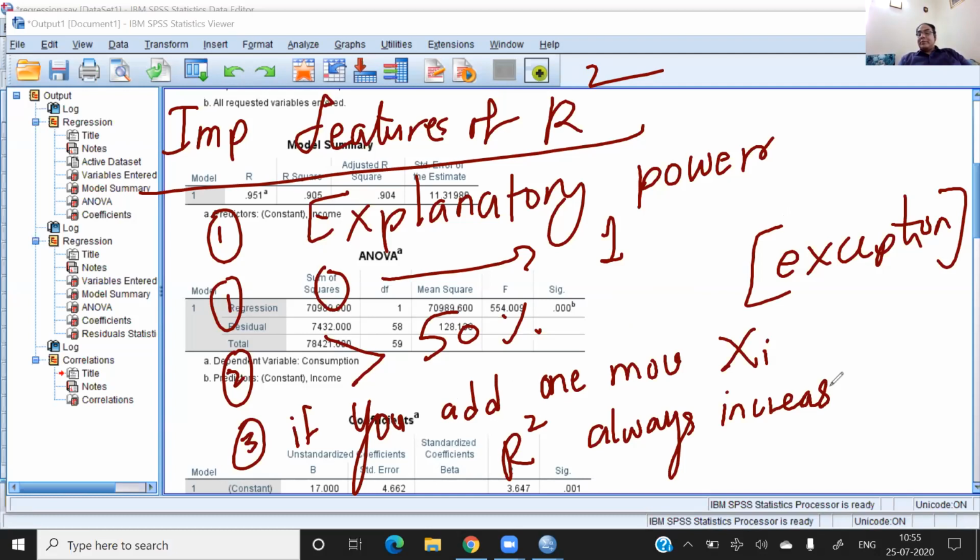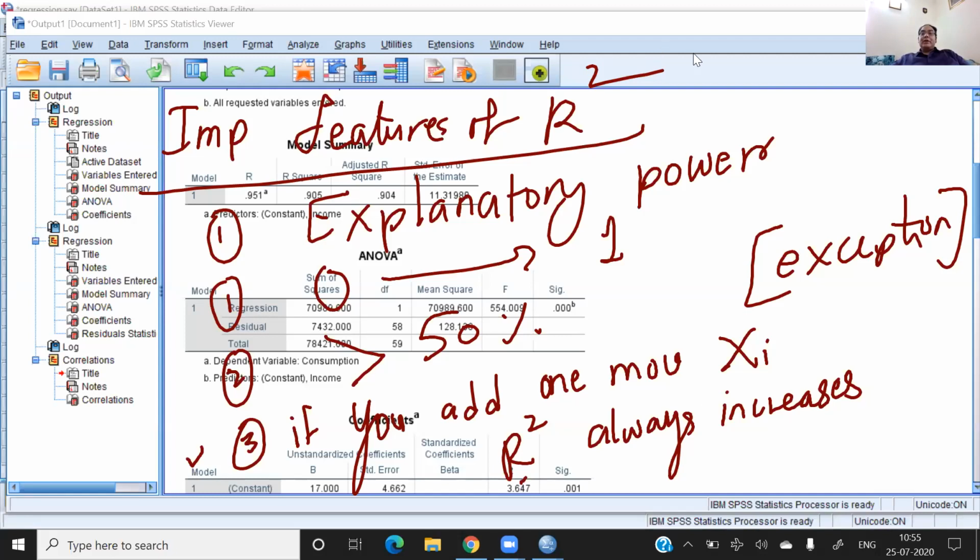This property is very important. If you add one more independent variable, the R square always increases, right? So these are the properties of R square.